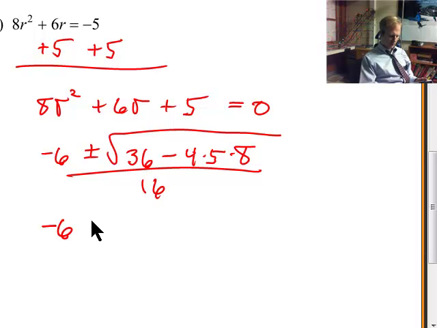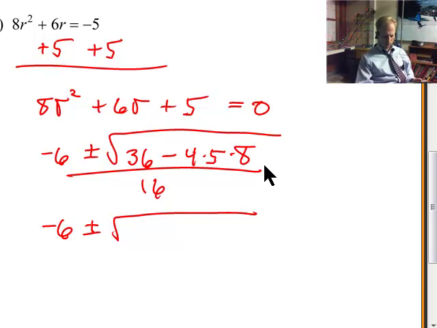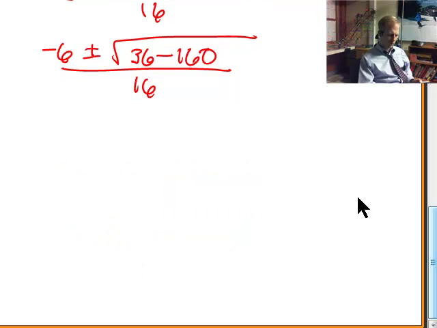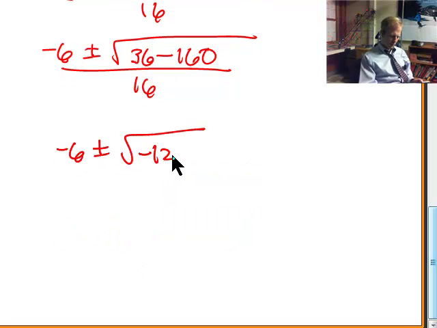So that's negative 6 plus or minus, and then 4 times 5 is 20, times 8 is 160. So I have 36 minus 160 all over 16, and that's negative 6 plus or minus square root of negative 124 over 16.